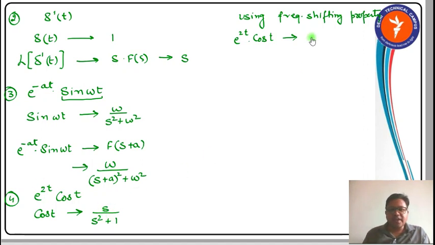So now we will replace s with s minus 2: (s minus 2) divided by (s minus 2) square plus 1. So this is the Laplace transform of this.